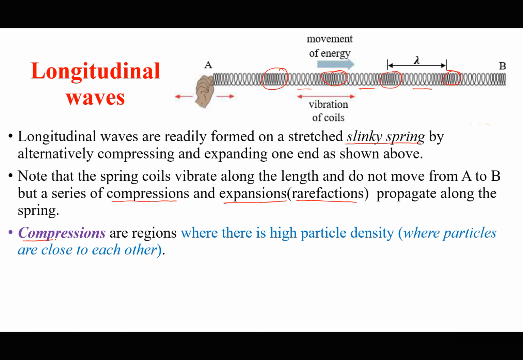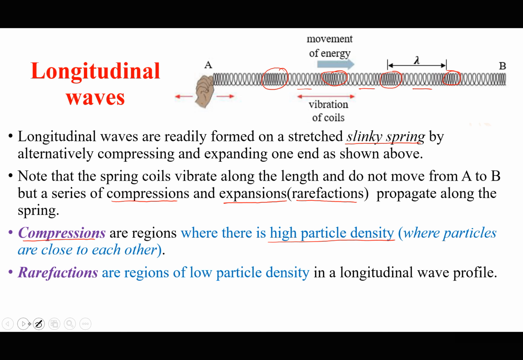So a compression corresponds to a region where there is high particle density. The coils are very close to each other. The particles are compressed. That's why we're calling it a compression. Regions where there is high particle density, where particles are very close to each other, are called compressions.